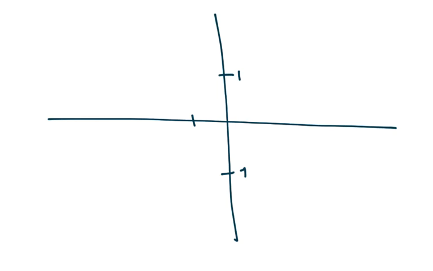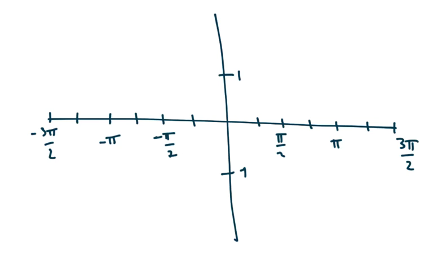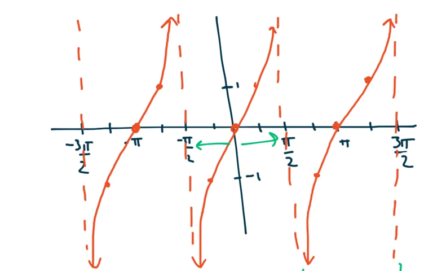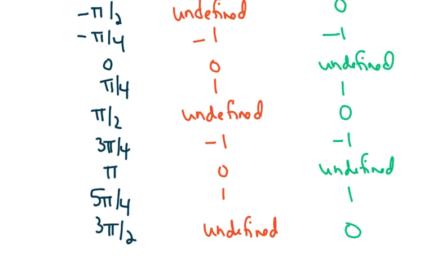So let's see, negative pi over 4, negative pi over 2, negative 3 pi over 4, negative pi, negative 5 pi over 4, negative 3 pi over 2. That's pi over 2, pi, 3 pi over 2. All right, so the asymptotes this time were at all the integer pi's.